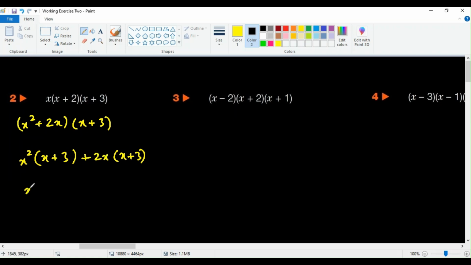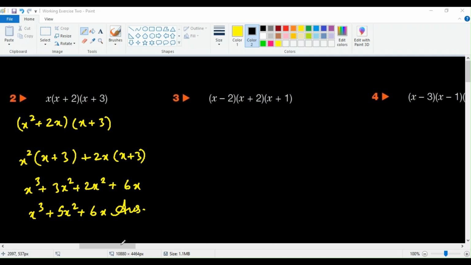So first one is going to give us x cube and plus 3x square and plus 2x square and plus 6x. So as a final answer, it's going to give us x cube and plus 5x square and plus 6x as the final answer for this question.